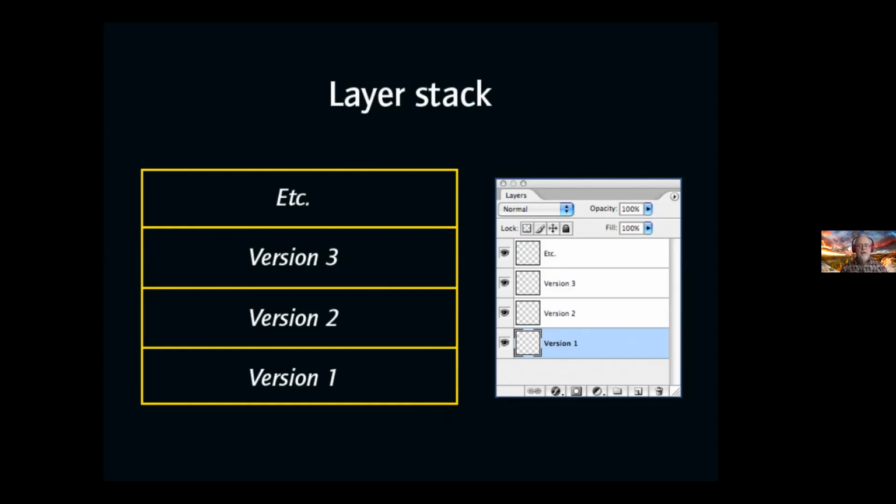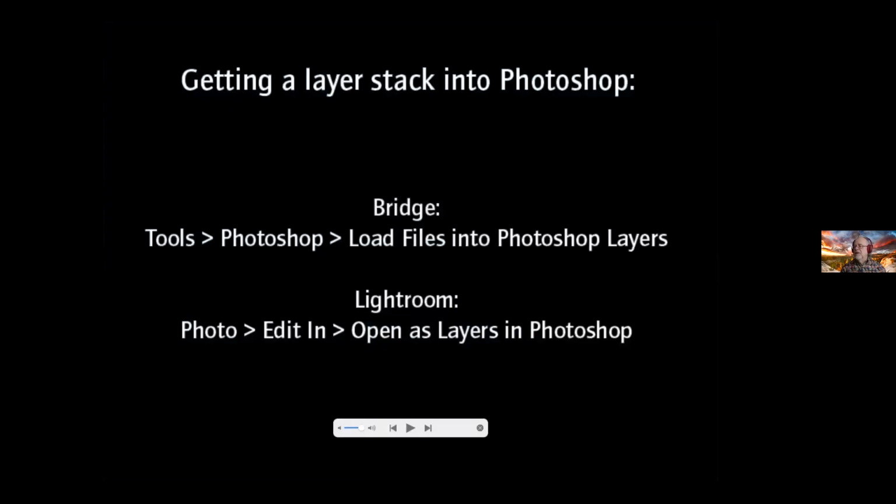If you're wondering right now about the mechanics of this, you can simply open a file in Adobe Camera Raw or any other raw processor as many times as you like and tweak the settings. We're going to go through this, so don't worry, but that's looking ahead. That's the prequel. How do you get a layer stack into Photoshop?